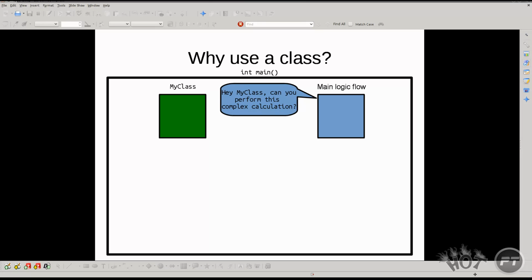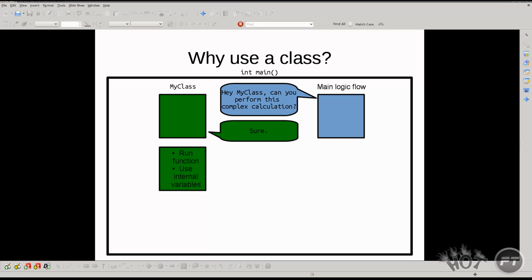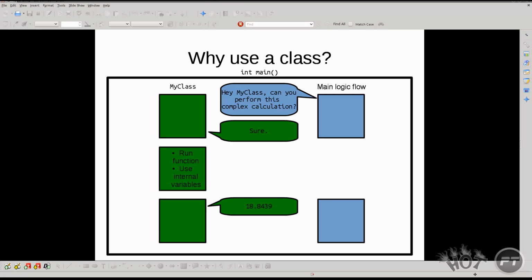And so the class gets this request and then runs the function, using internal variables, its own variables. It does its calculations on its own outside of the main logic flow of main. And then, while still in the scope of main, it returns the result of that computation. And so you can continue on your logic flow in main.